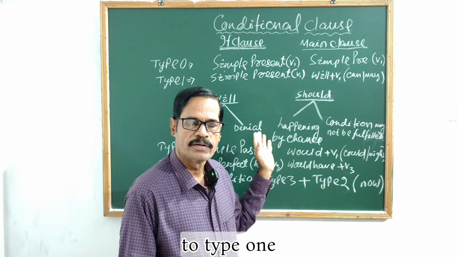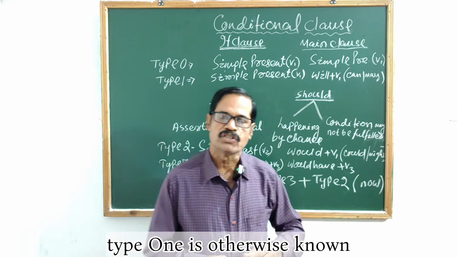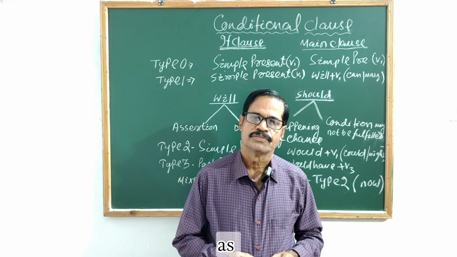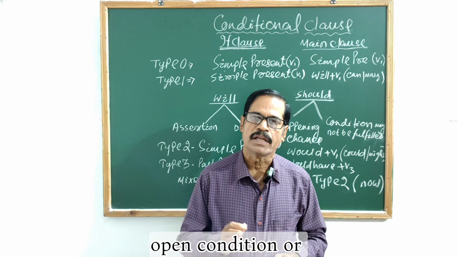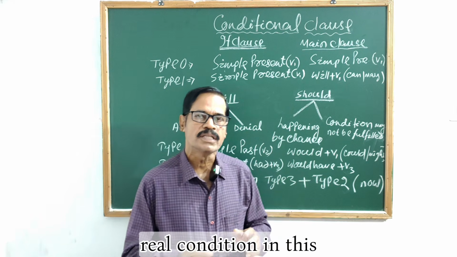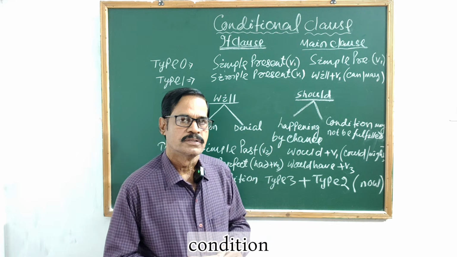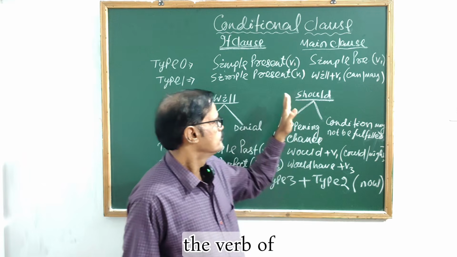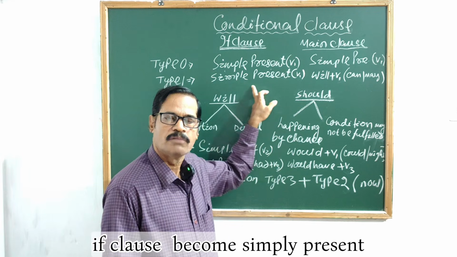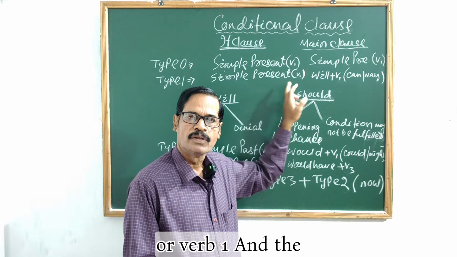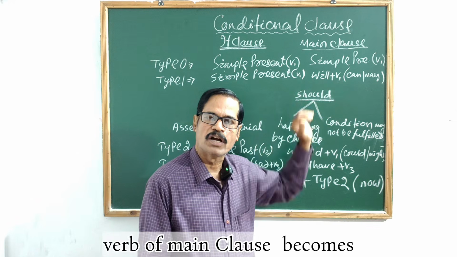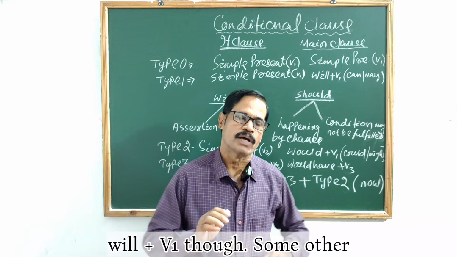Then come to type 1. Type 1 is otherwise known as open condition or real condition. In this condition, the verb of if clause becomes simple present or V1 and the verb of main clause becomes will plus V1.